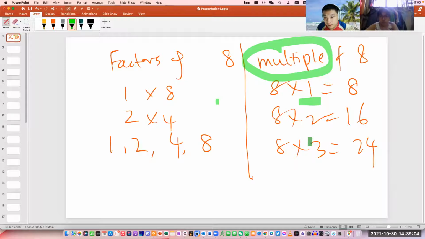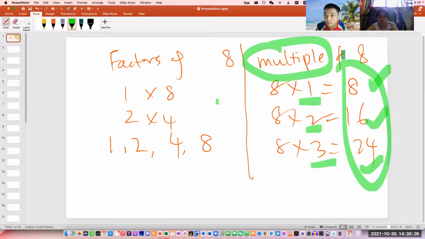Then you step up. So the next number you times 8 is 2, then the next number is 3. That's why you end up with 8, because 8 times 1 is 8, 8 times 2 is 16, 8 times 3 is 24. If you continue, you will get 32 and so on. So for multiple of 8, you just choose from one of these.